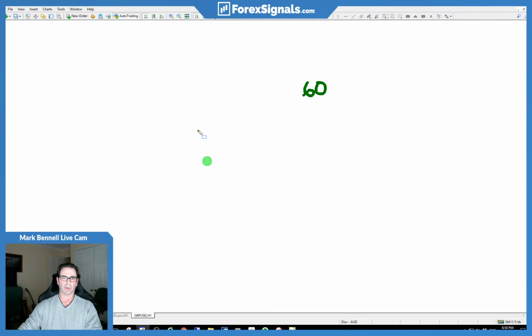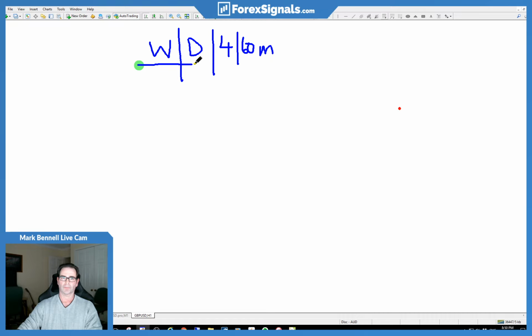So let's have a look at first, and let's do the multiple time frames. Let me get a better colour. Weekly, daily, and the 4 hour or the 60-minute are our time frames. So this is the higher time frame, the trading time frame, lower time frame entry. So you imagine what the weekly looks like.